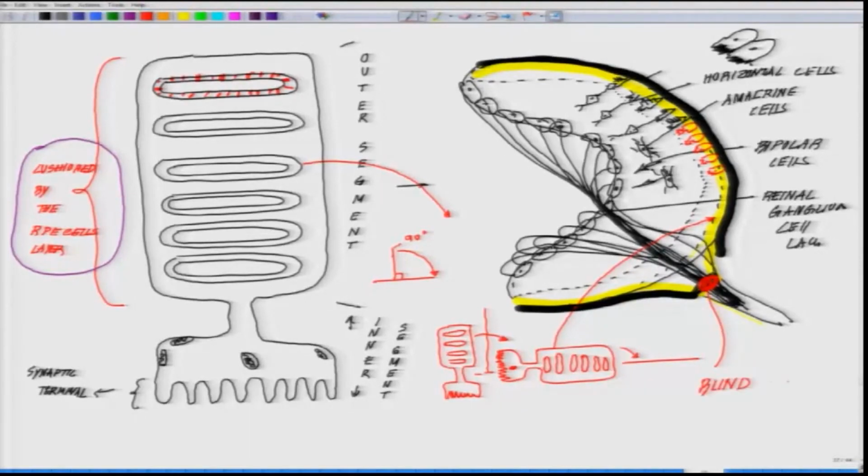At the blind spot, no image is being processed. It is a zone completely devoid of photoreceptors.